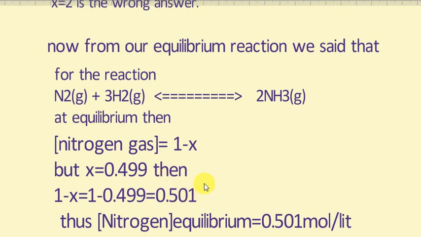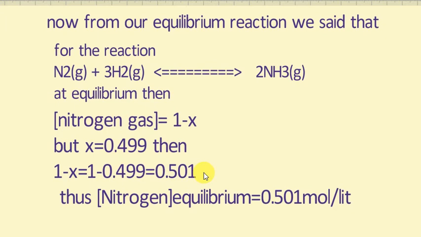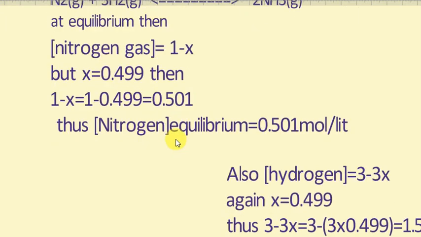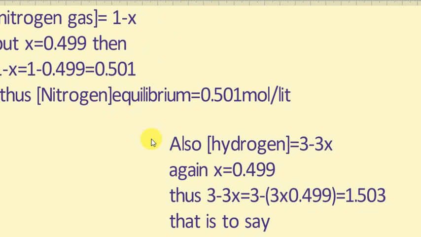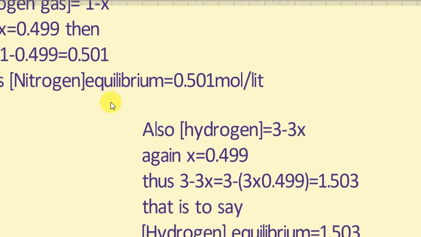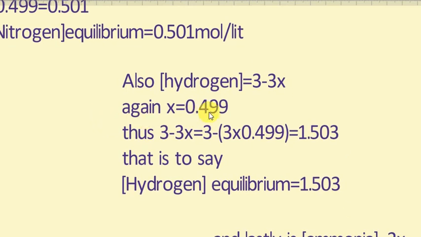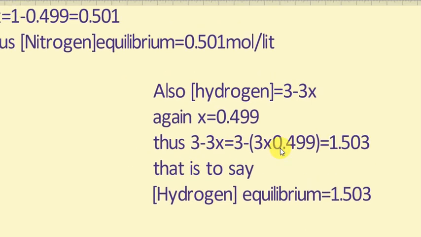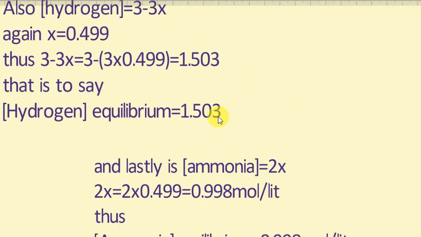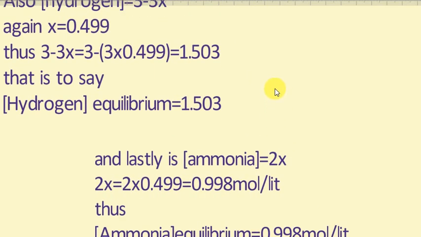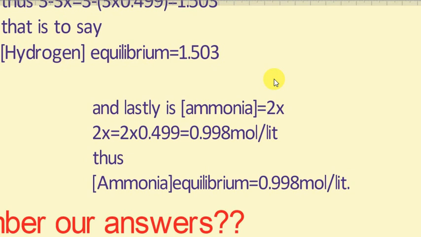You get 0.501. So that is the equilibrium concentration of nitrogen. The equilibrium concentration of hydrogen will be 3 minus 3x. So it is 3 minus 3 times that, we will get 1.503. And also the equilibrium concentration of ammonia at equilibrium will be 2x.